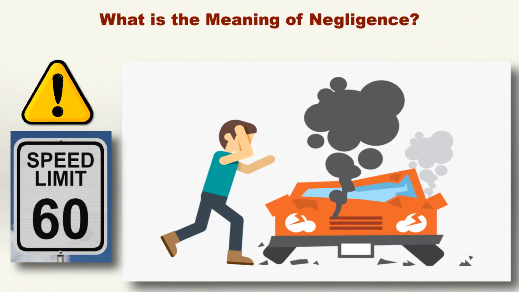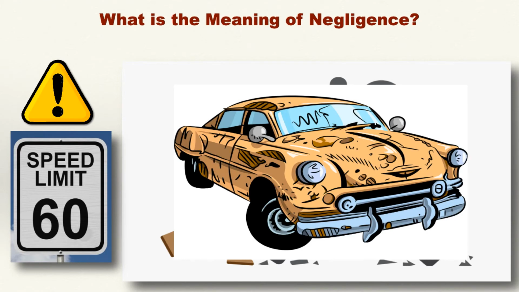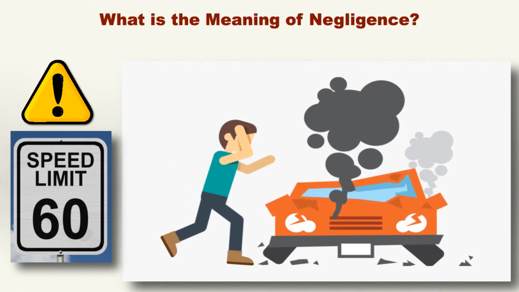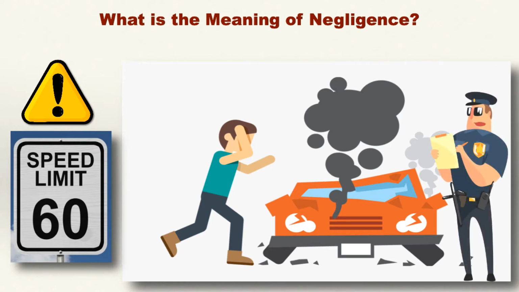So in both cases, if you damaged someone's property, body, or anything of such type, you will be held responsible for that. Okay, so this is the concept that we will discuss under the heading of negligence.